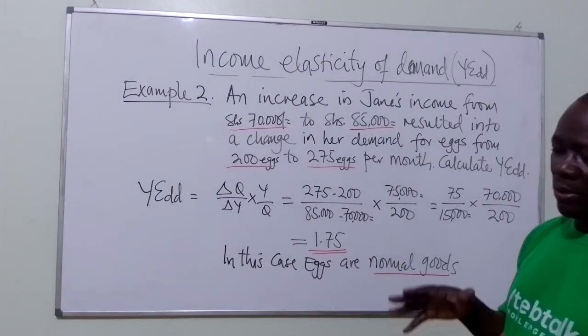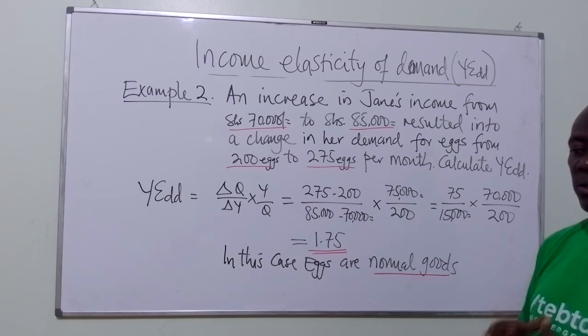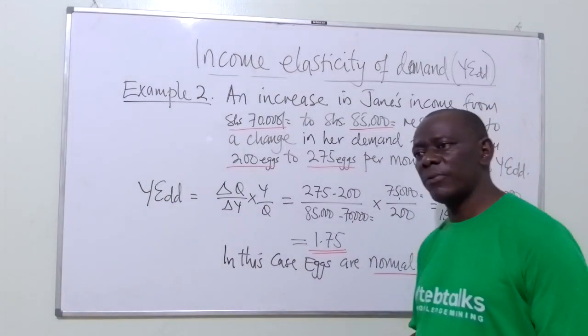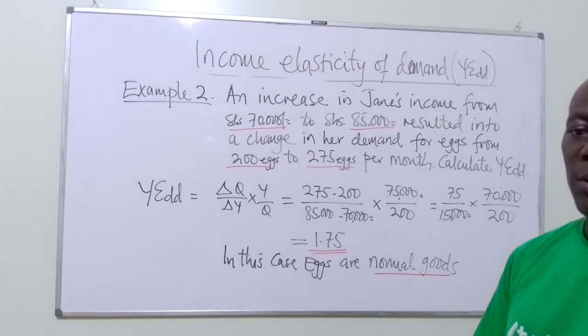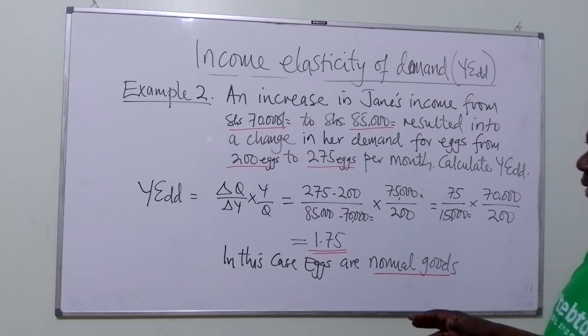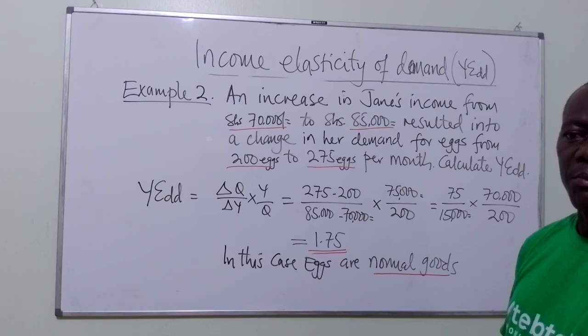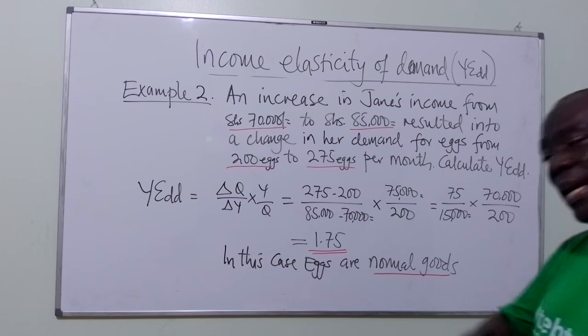So this is the income elasticity of demand. We have looked at the cross price elasticity of demand. We have looked at the price elasticity of demand. Therefore, I think for now we can say enough is enough for elasticity.